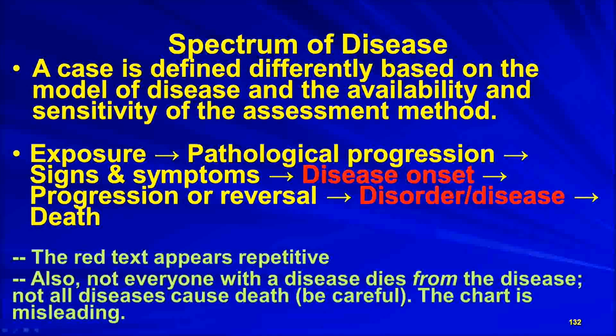But what I'm wanting you to take away is that you're going to have exposure, you're going to have a pathological progression, you're going to have signs and symptoms, and you may or may not get the disease, or you may or may not display the disease, as Typhoid Mary did not display symptoms of the disease, and yet she had it and was a carrier.